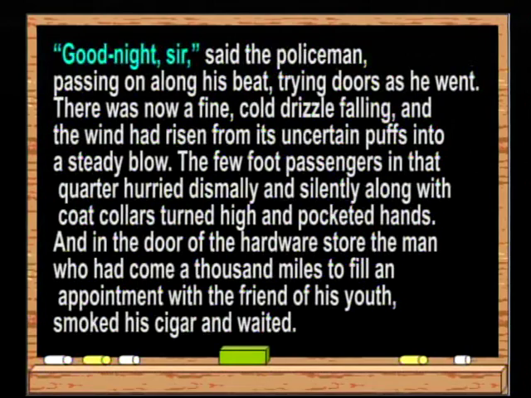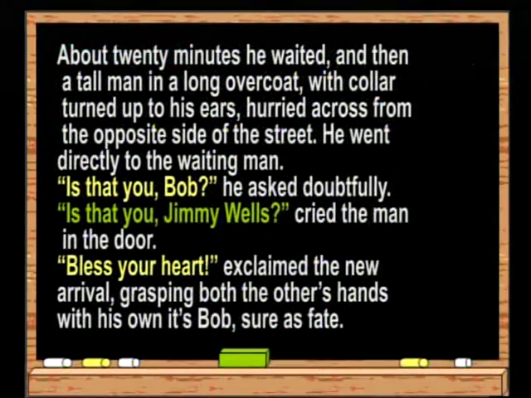At the door of the hardware store, the man who had come 1,000 miles to fill an appointment with his friend of his youth smoked his cigar and waited. About 20 minutes he waited, and then a tall man in a long overcoat with collar turned up to his ears hurried across from the opposite side of the street. He went directly to the waiting man.